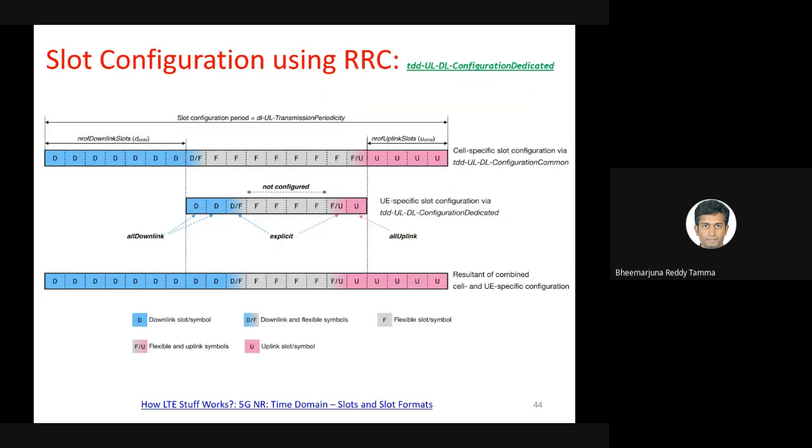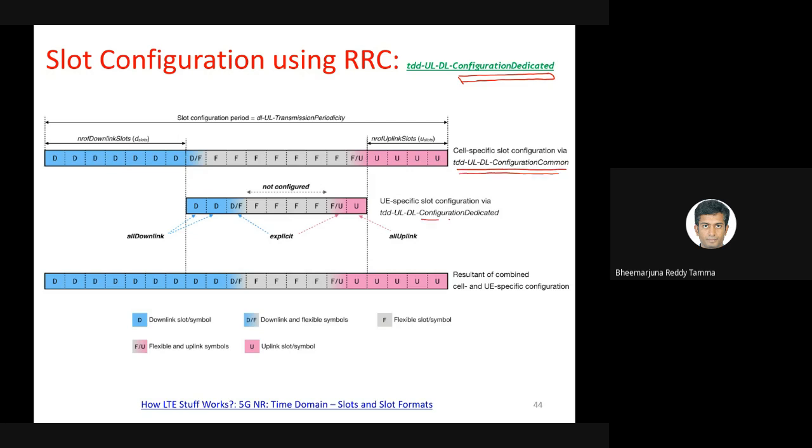Then we have the second variant, where the flexible slots or symbols that you see here in the previous case can be assigned at a later stage for dedicated users using the configuration dedicated. Look at here. This is the previous example that I was showing you using the configuration common.